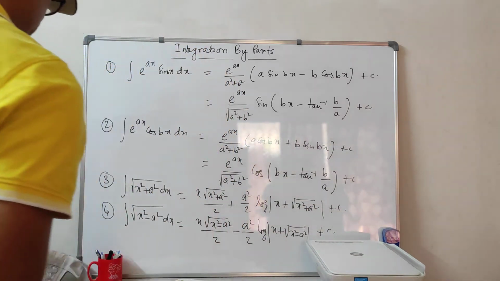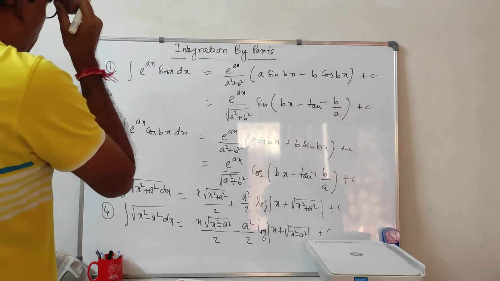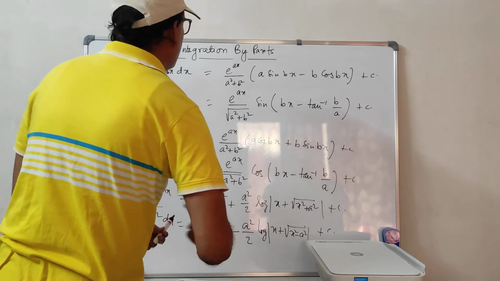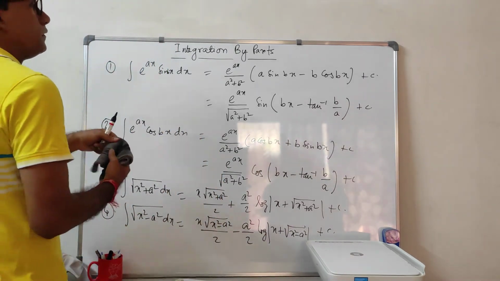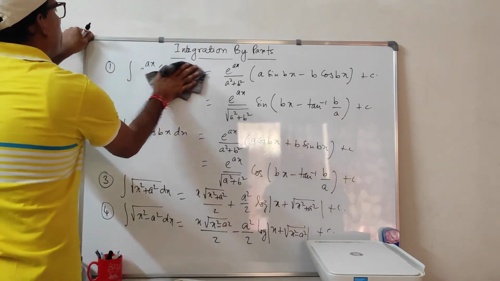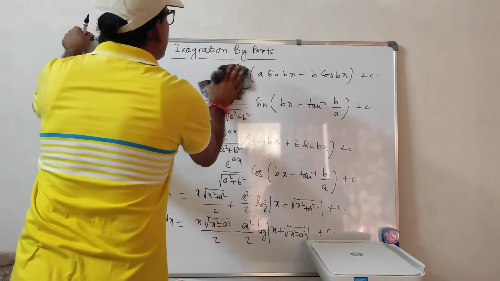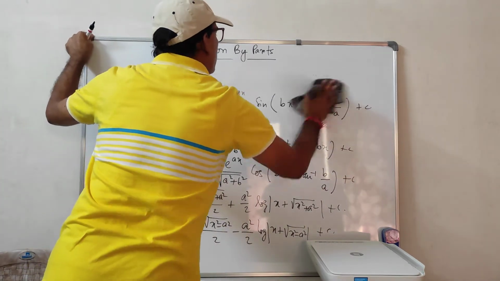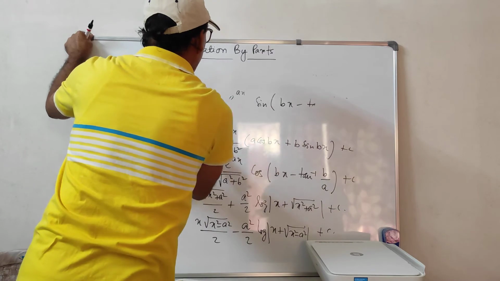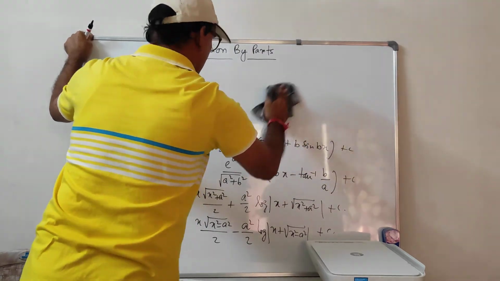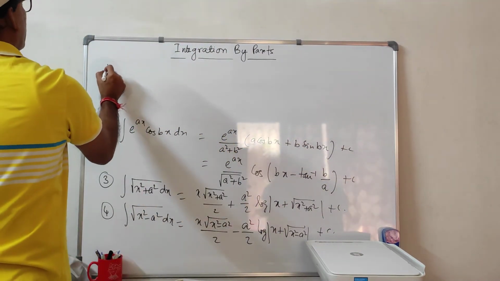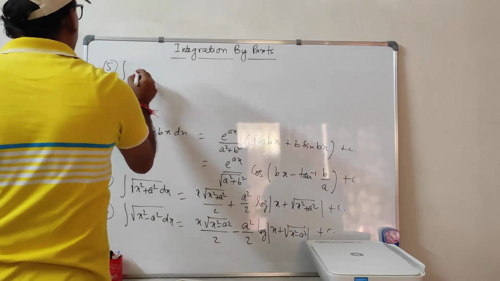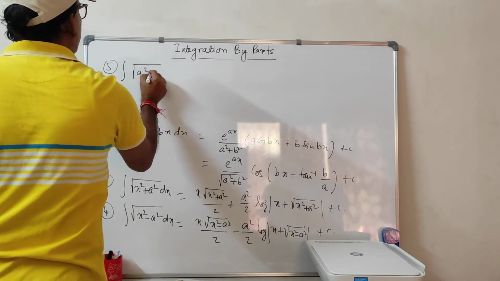Okay. And at the end, number 5 is integration root over of a square minus x square.